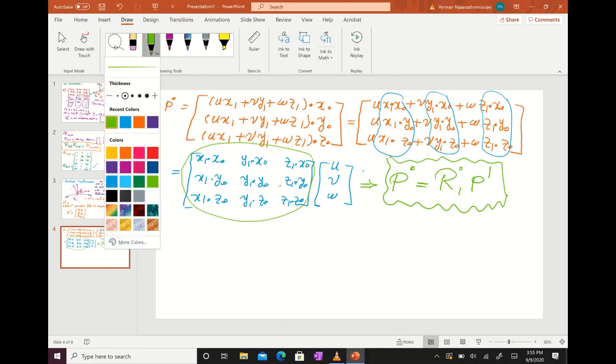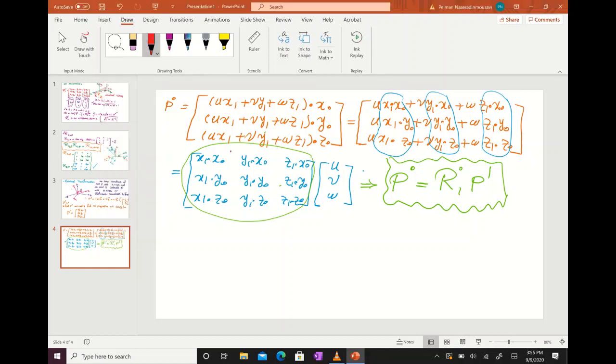For simplicity, I'm just making a shortcut. This one goes with this one, and the remaining does not. I'm just showing you this. Understand? And obviously this is R1 with respect to 0, and this is your P with respect to 1.